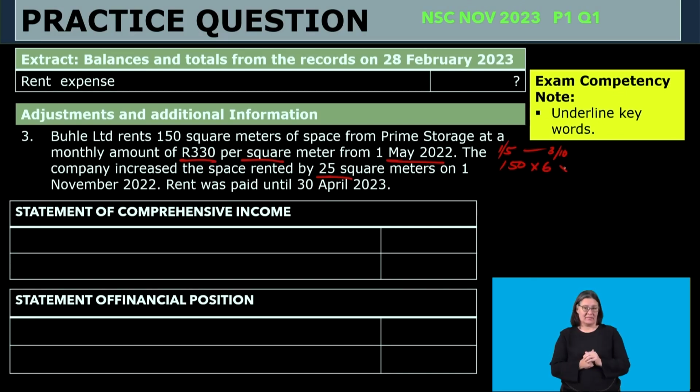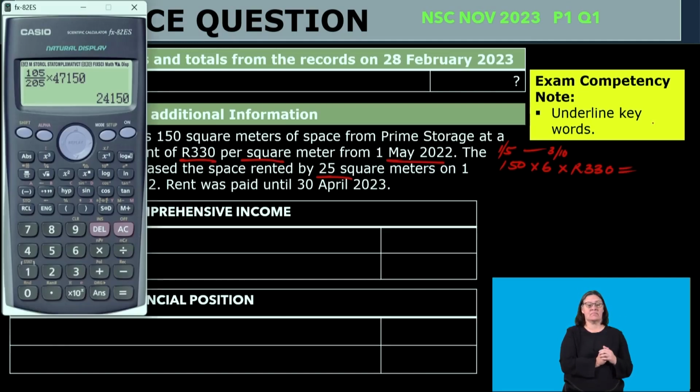And we know that we are paying how much per square meter? We are paying $330 per square meter. We are going to punch this now in the calculator. All right? So let's quickly do it together. We are now going to say we have 150.